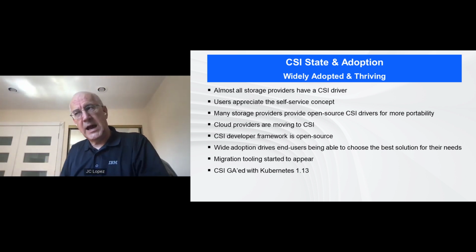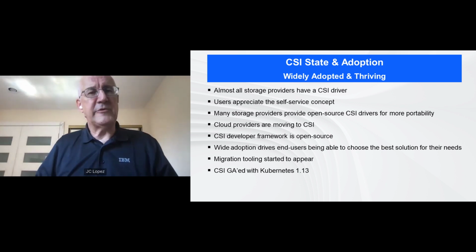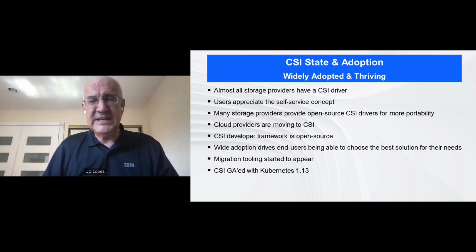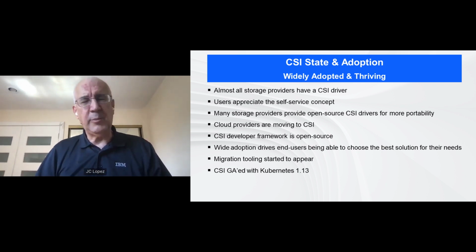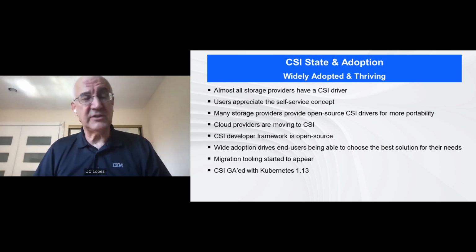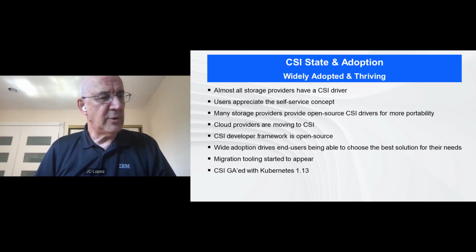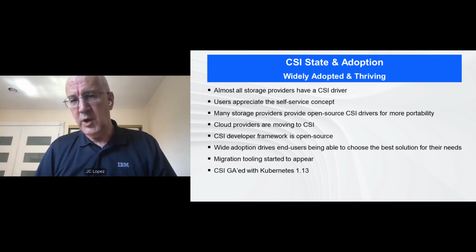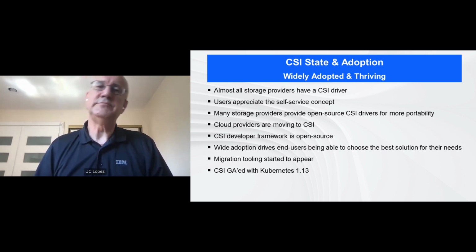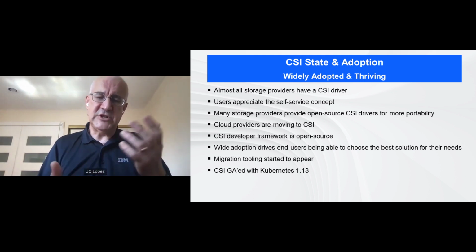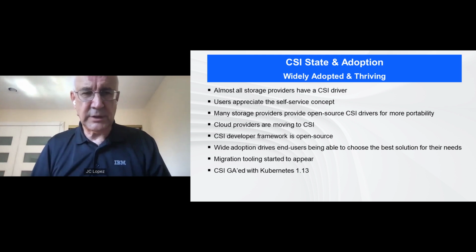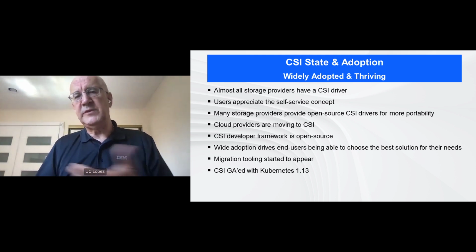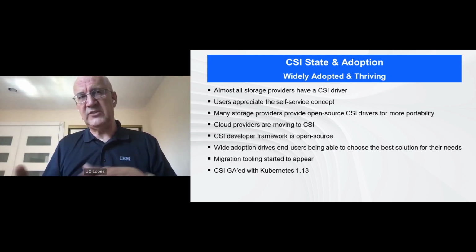Very interesting. Most of the cloud providers who were originally not CSI compliant, I'm going to take an example, which is EBS in AWS. The AWS EBS driver was not a CSI driver. So even the cloud providers such as AWS and others like Microsoft Azure and Google Cloud, everybody's moving to CSI because it makes more sense.